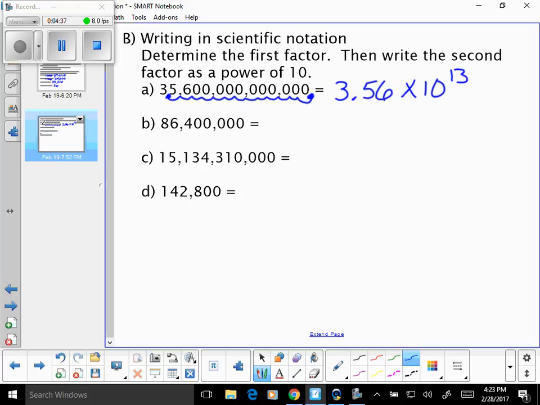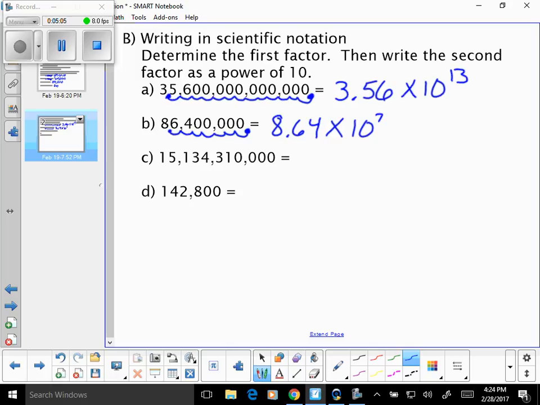Let's look at B. The decimal point is to the right of the last 0. 1, 2, 3, 4, 5, 6, 7. 8.64. I'm going to drop the rest of the zeros, times 10 to the positive 7.